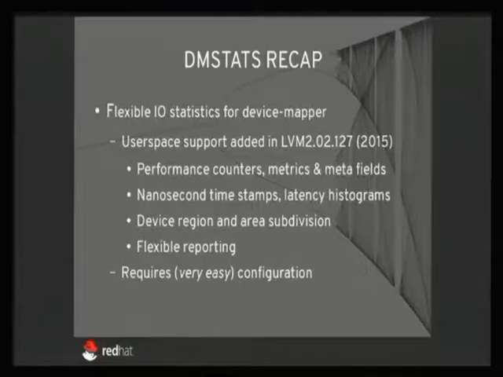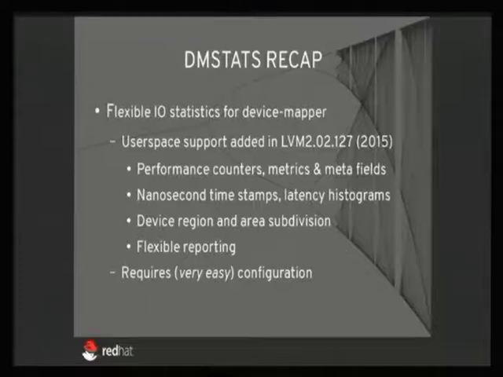So the recap then. Dmstats is a flexible I/O statistics framework for Device Mapper. It builds on kernel work done by Mikulas Patocka. It's a really great mechanism that we have in the kernel. I'm heavily indebted here. It gives us a great base on which to build really powerful, interesting user space work.